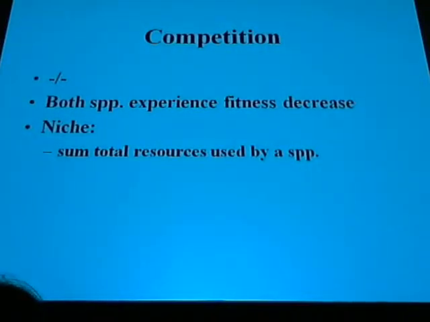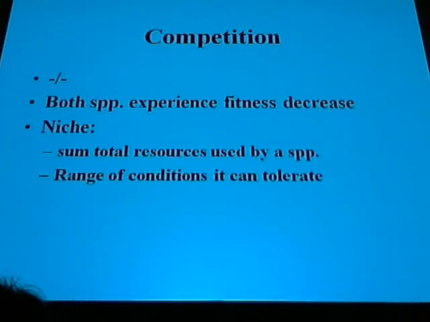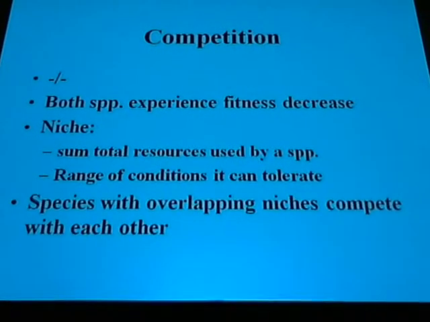And of course, evolutionary theory says that each species has to have a unique niche. Over time, it's been crafted to have a unique niche. So it's the range of conditions it can tolerate. That's more of an abiotic factor, right? Temperature, moisture, chemicals, whatever. And it's species interactions.